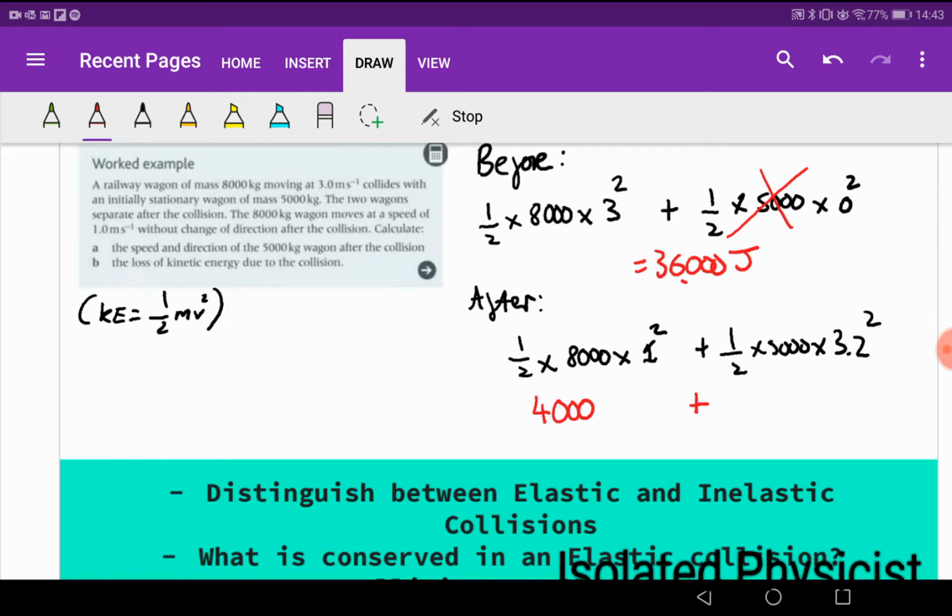And 0.5 times 5,000 times 3.2 squared is 25,600. So we can see that the loss of kinetic energy is going to be 36,000, which is what it was at the start, take away what it was at the end, 4,000 plus 25,600. It's 6,400 joules.